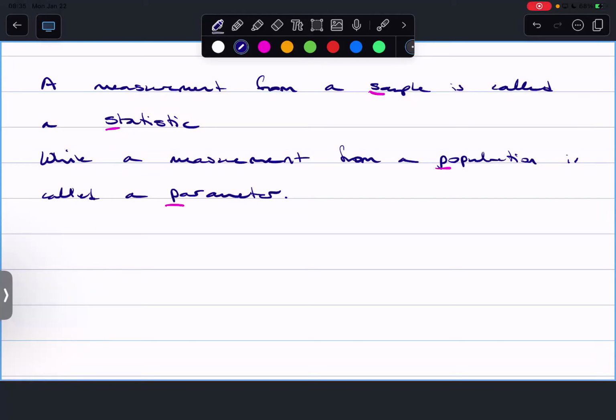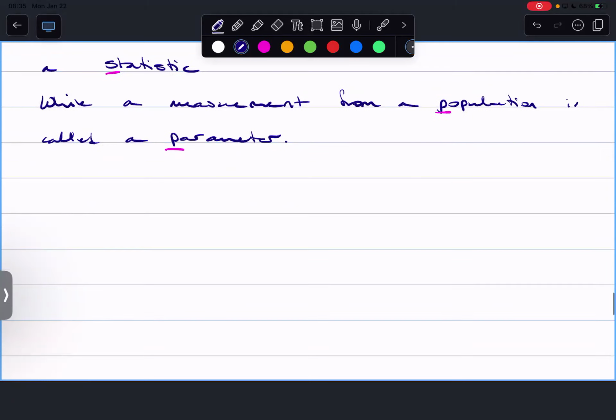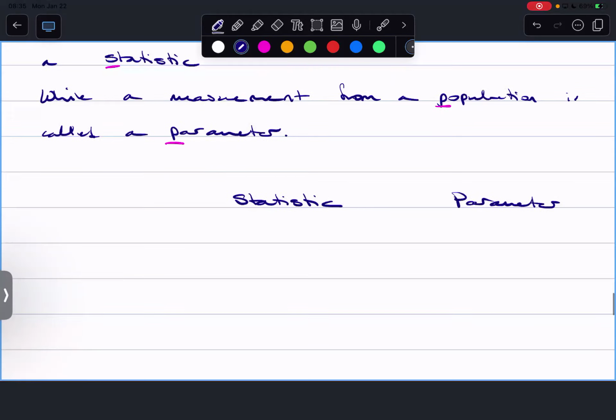So for all these measurements that we can make on our sample, we're going to have population equivalents, so parameter equivalents. And so we've got the statistic and the parameter version.